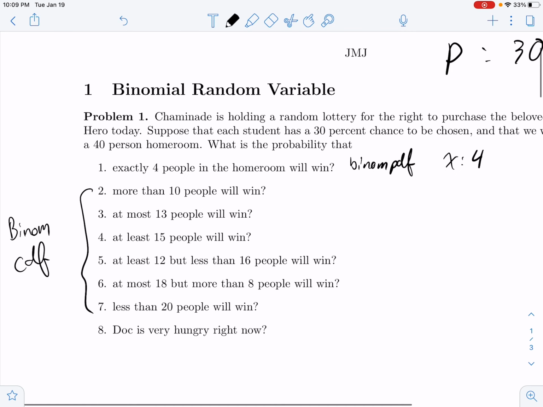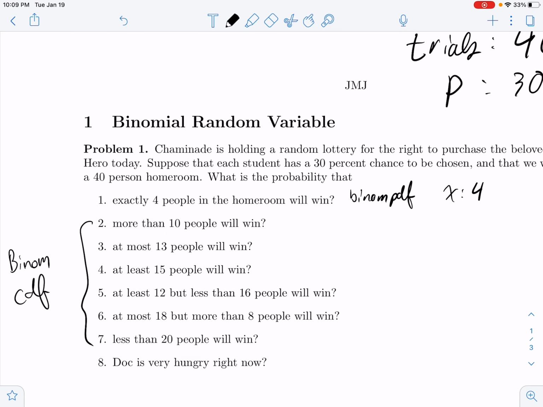So we want more than 10 people winning. So this is the probability that X will be strictly greater than 10. More than 10 is strictly greater than. If you remember, our calculator can only handle less than or equal to. So this will actually be equal to 1 minus the probability that X is less than or equal to 10.